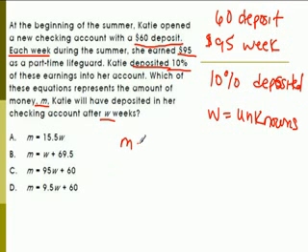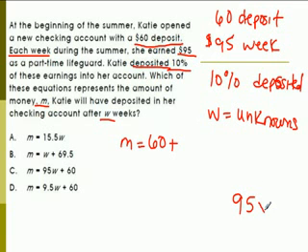And we know that it's going to be M equals something. Well, we know that she deposited $60. So we know that. She started that. We know we have to add $60 to something. Well, she earned $95 a week. So did she put $95 a week in her checking account? No, it said she deposited 10%.